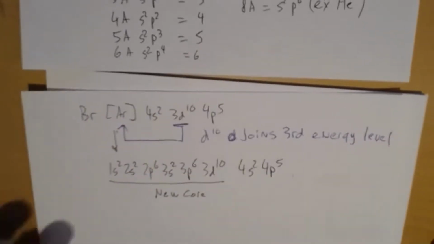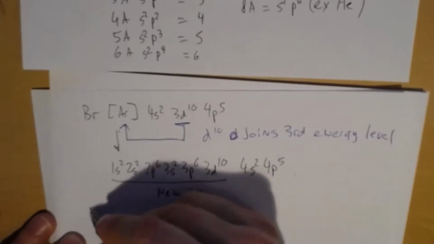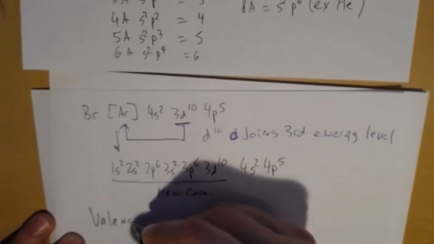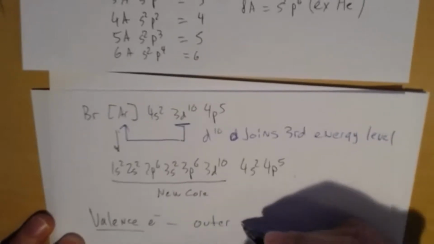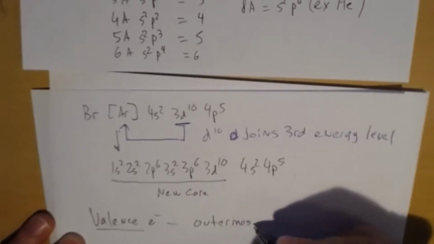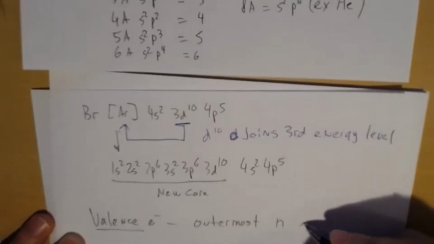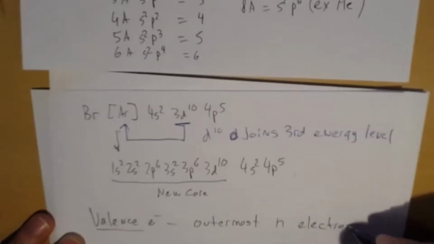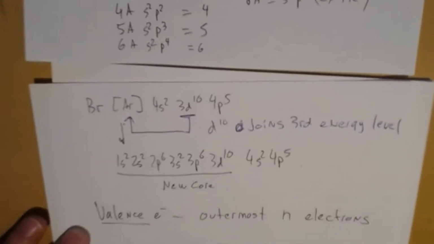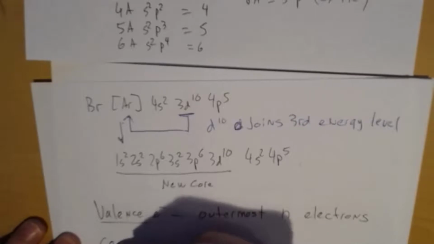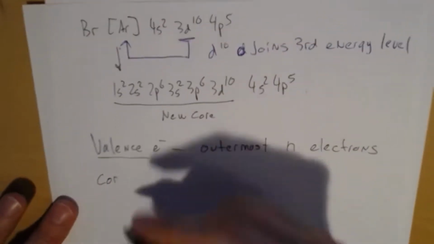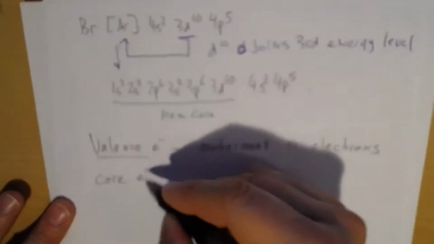So we have the valence electrons, which again are the outermost n electrons, versus the core electrons.